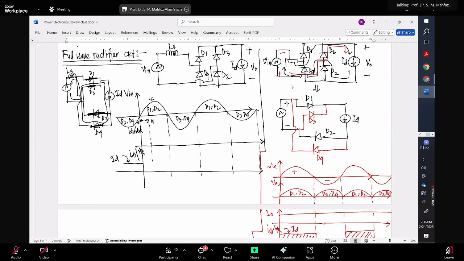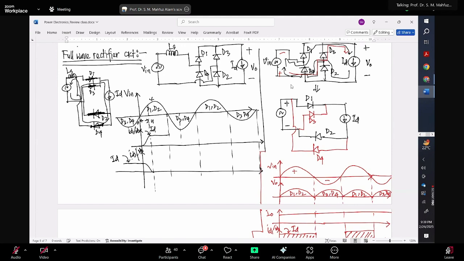During that portion, the current through D3 and D4 will drop down from ID to 0 like a sine wave. And then the current through the diodes ID1 and ID2 will be 0, and then it will start increasing and reach your ID value after a certain point when the current through ID3 and ID4 drops down to 0. Do you get my point? Yes, sir.